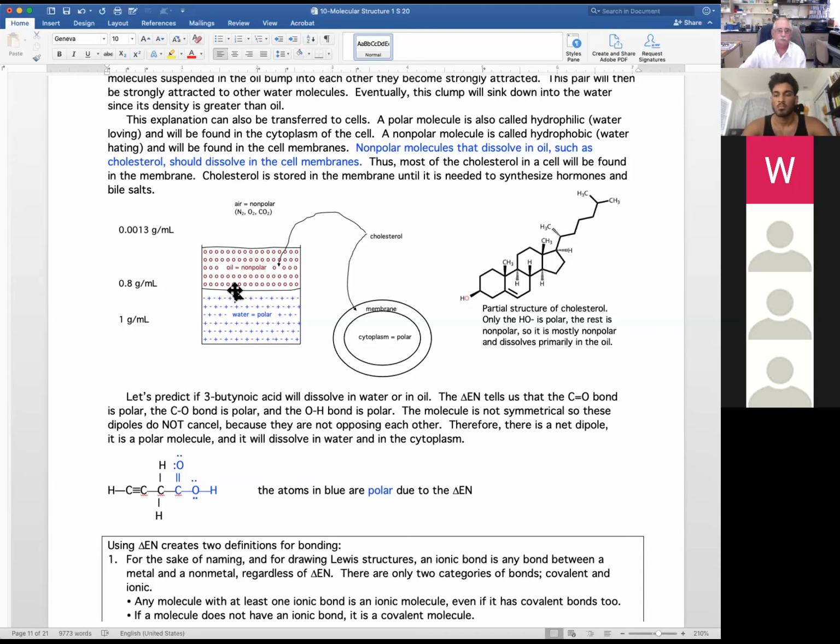So now we just described why we have water on the bottom, oil on the top, and they don't mix, and why air is above the oil. It's all density. Now let's look at a molecule called cholesterol. Tell me, do you think cholesterol is a good molecule or a bad molecule?